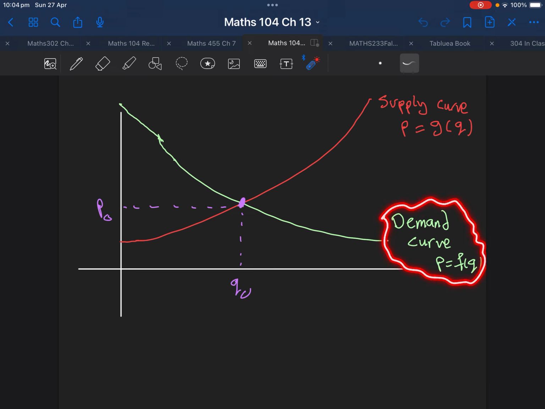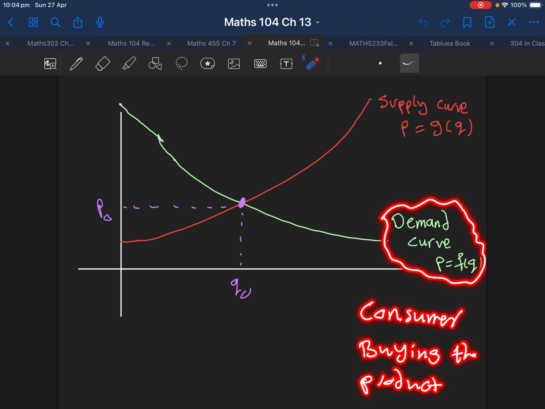Demand law is from the point of view of the consumer, which is the person who is buying the product. So what are the people who will buy any product looking for? They look at what happens if the price goes down. If you see any product whose price is getting down, which means it is getting discounted, you will see that more people are willing to buy this product.